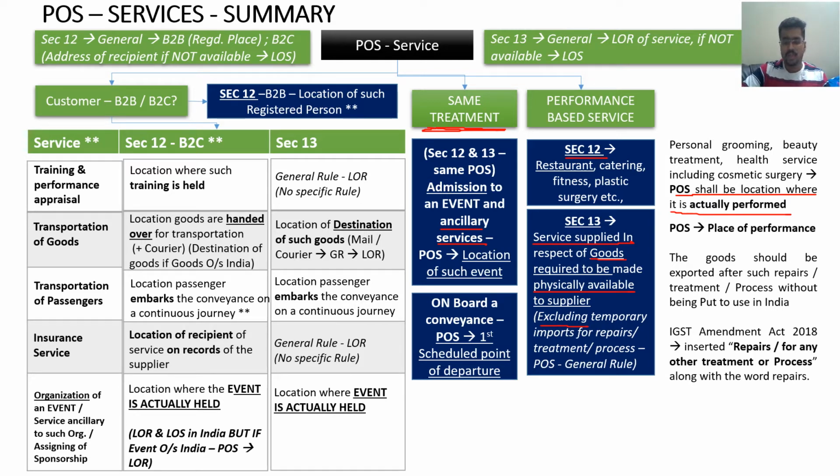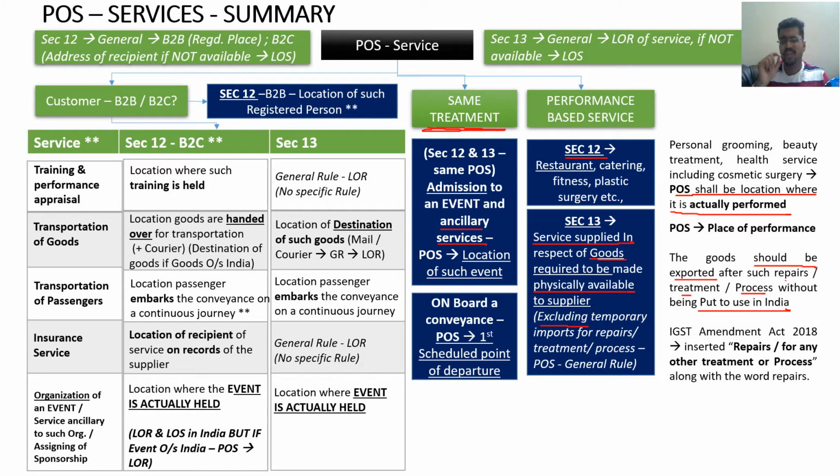So this performance based rule does not apply for temporary imports into India, which is for the purpose of repairs, treatment, or process on those goods. And if the goods should be exported, after such repairs, treatment, or process without being put to use in India. If these conditions are satisfied, then the performance based rule will not apply, guys.